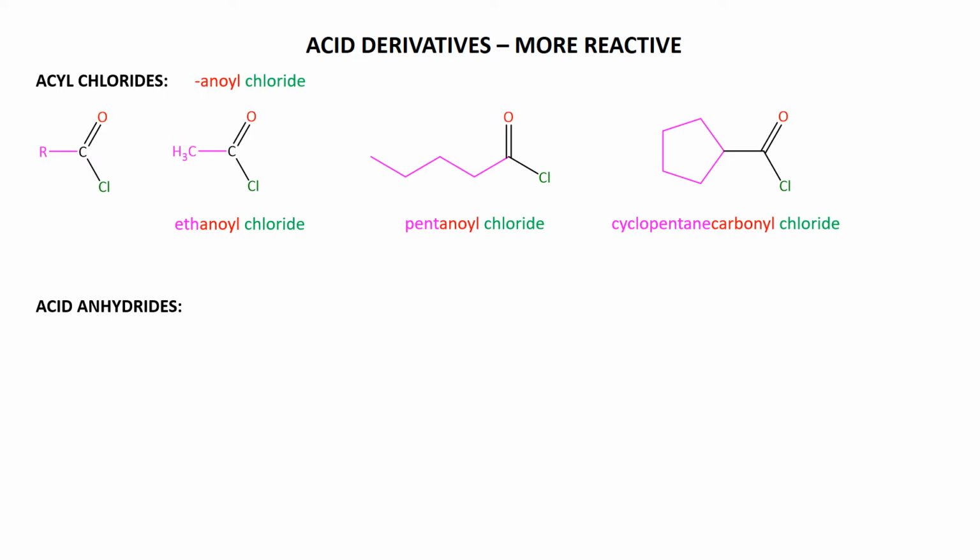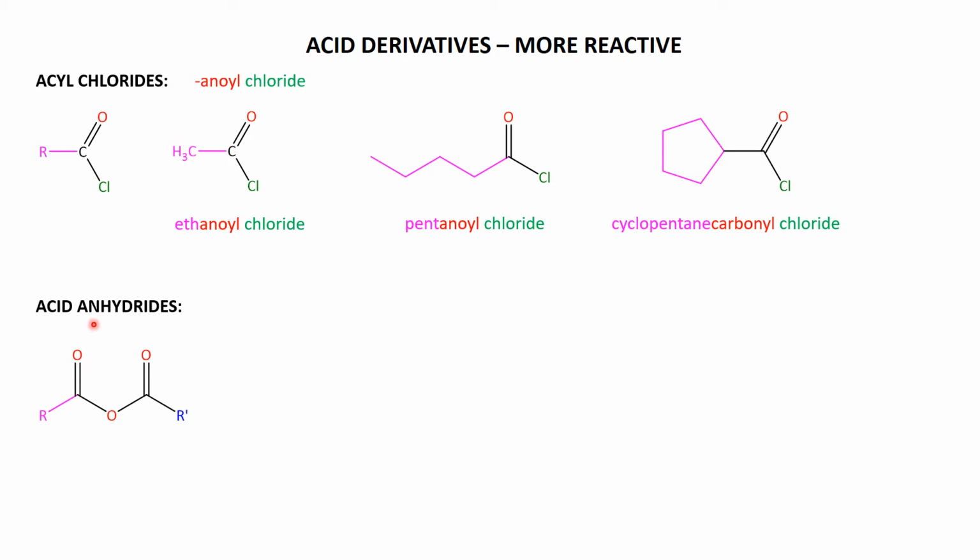Acid anhydrides are the second most reactive of the acid derivatives. Acid anhydrides are simply this. Now, you can kind of picture this as taking one acid, so there's the RC double bond O, O, so that's one acid, and then here's another part of an acid, RC double bond O. Well, this acid's lost the OH, this acid's lost the H, and of course H and OH make water.